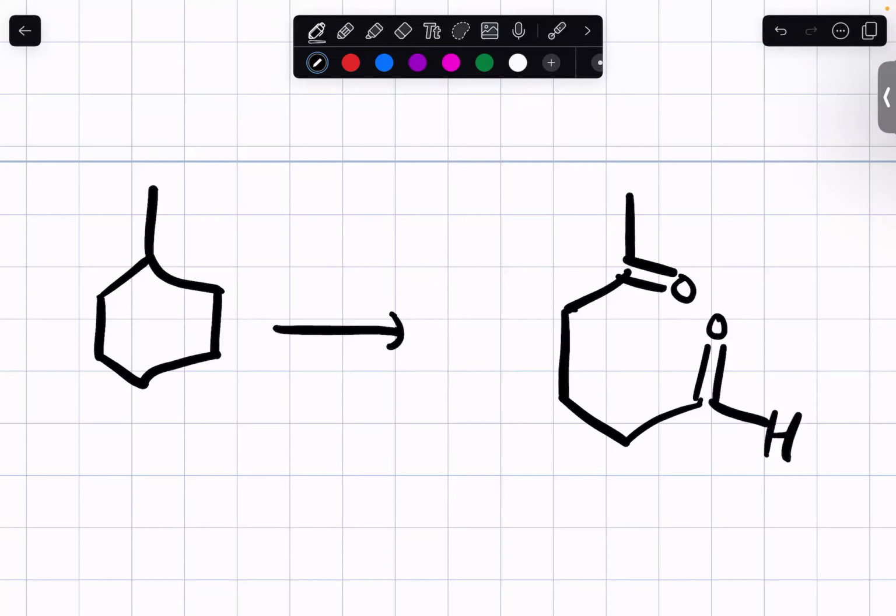Let's try this synthesis problem here. Oh wait. 1, 2, 3, 4, 5, 6. 1, 2, 3, 4, 5.